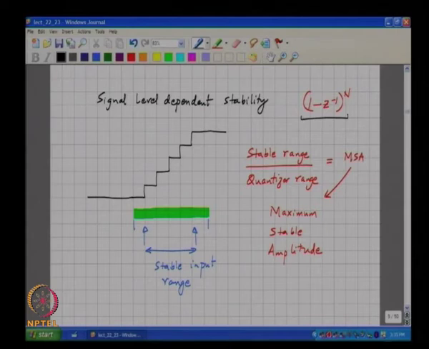We understand that there is a maximum stable range, a maximum stable amplitude. Let us say my input is beyond the maximum stable amplitude. Clearly the system becomes unstable, the input to the quantizer just blows up. After this, let us say I bring my amplitude down to within the stable range, or to make matters simple, let me say I just simply make the input 0.